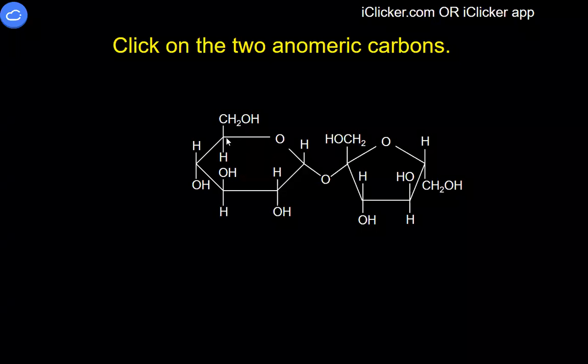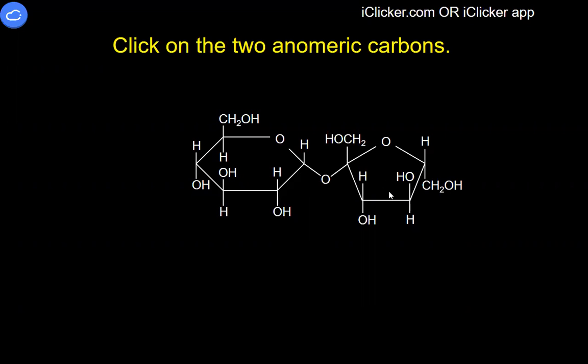That's only 1. That's only 1. That's only 1. But this one has 2 bonds to oxygen. So that is the carbon that used to be a carbonyl. It used to have 2 bonds to the same oxygen. Now it's been attacked by a separate oxygen. Now it's got 2 bonds to oxygen still, but they're 2 different oxygens. So on the left-hand side, this one here that I'm pointing to is the anomeric carbon. It has 2 bonds to oxygen.